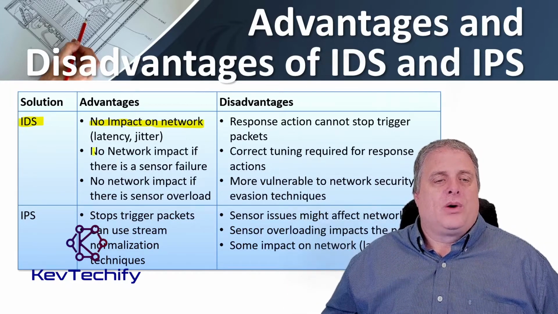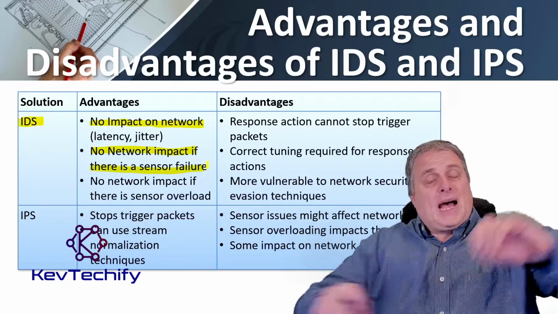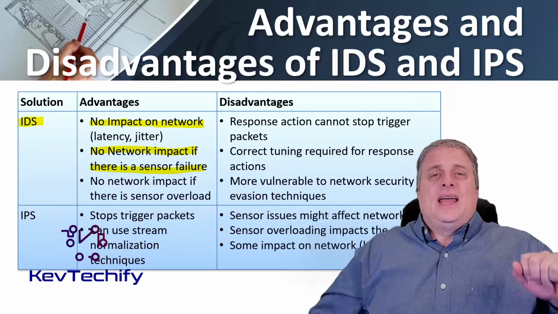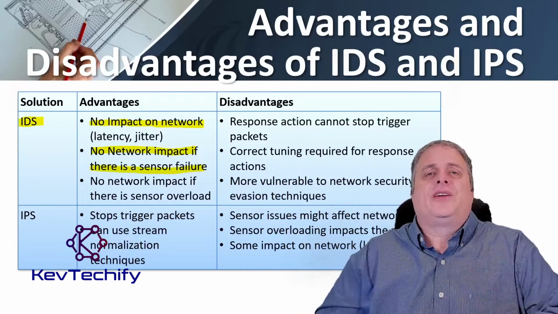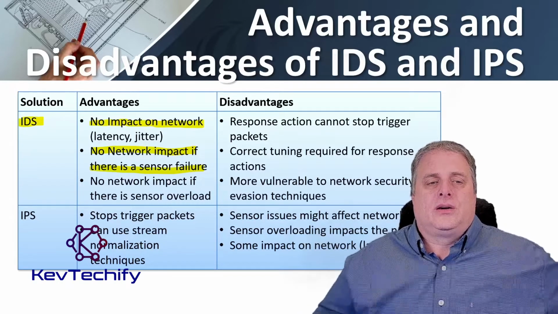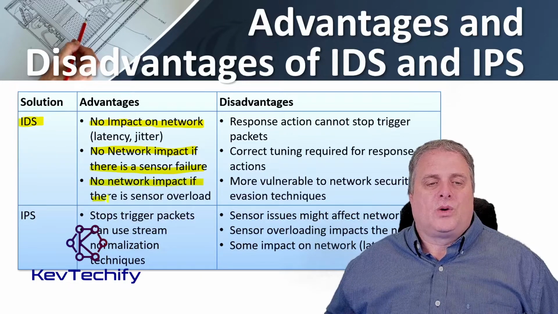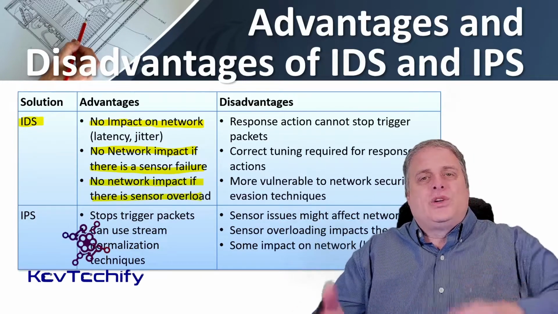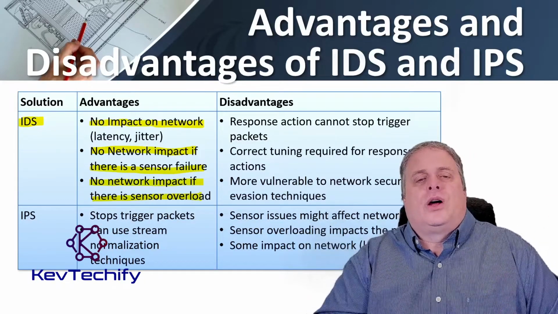There is no network impact if the sensor fails, because we're just copying that data off and comparing it to signatures. If that sensor fails, because it's not in the mainstream of the traffic, our network isn't impacted. And finally, no network impact if the sensor is overloaded. If too much malicious traffic is coming in, because we're just copying that data off, that sensor can get overloaded and it won't slow down your traffic.